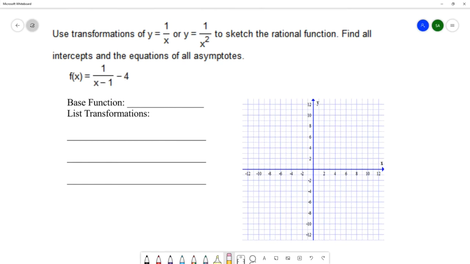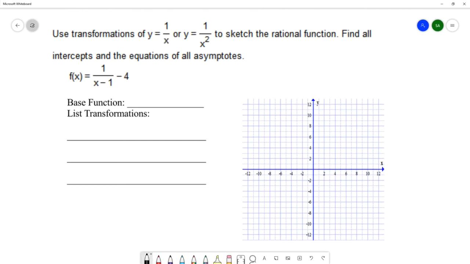And we want to graph this using transformations of either 1 over x or 1 over x squared. And the fact that we don't have an x squared or any squared in this function tells me we're going to be using 1 over x. And you can see the x in the denominator is matching the x in the denominator here.